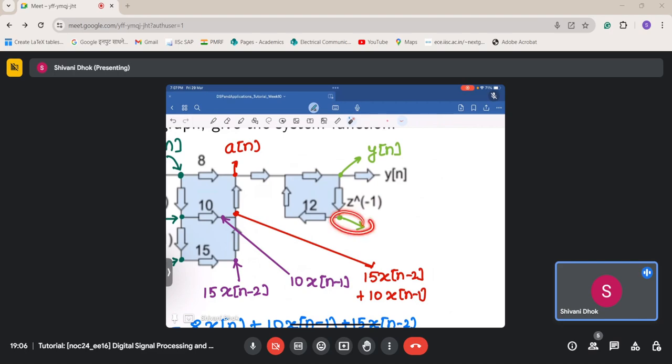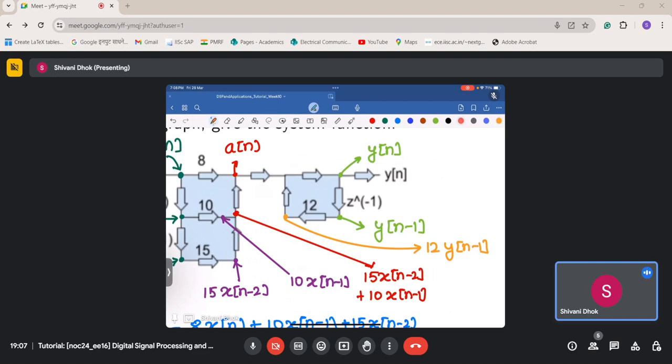So that leads me to this particular location, where I'll have y of n minus 1. Then at this location, this gets multiplied by 12. So we have 12 times y of n minus 1.